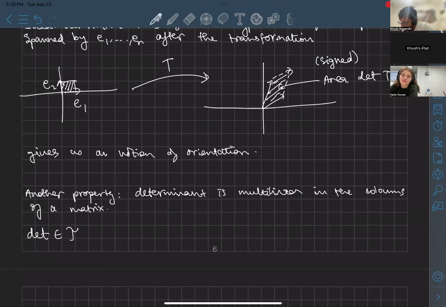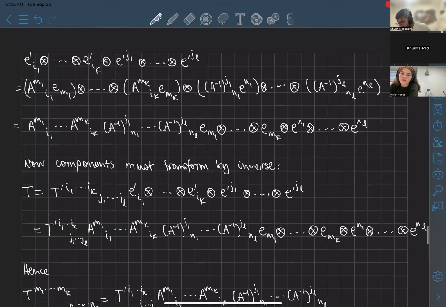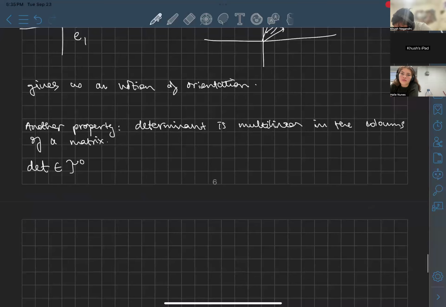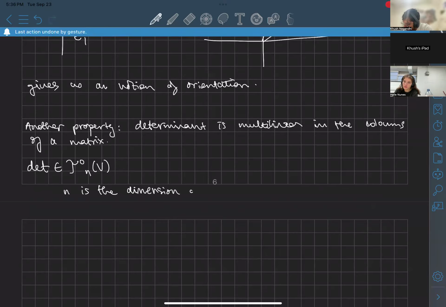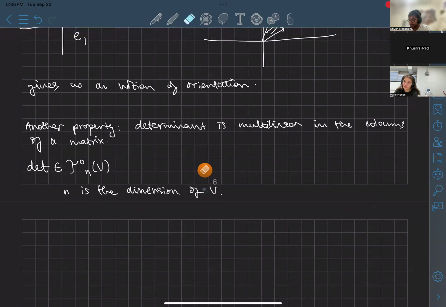What it does is it takes in vectors and gives me a number, and so it's of type 0 n. Here n is the dimension.